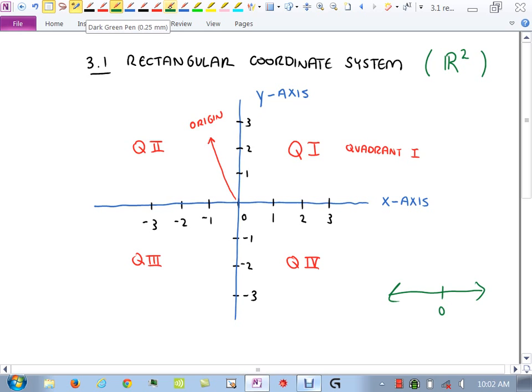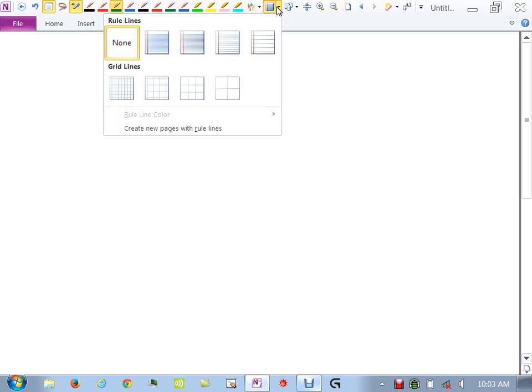Okay, so now I'm going to get a new sheet of paper, and I'm going to ask us to graph some points, and I'm going to give you some more language here. I realize a lot of you have seen this before, so bear with me. I know you don't necessarily have graph paper, and you don't need graph paper.